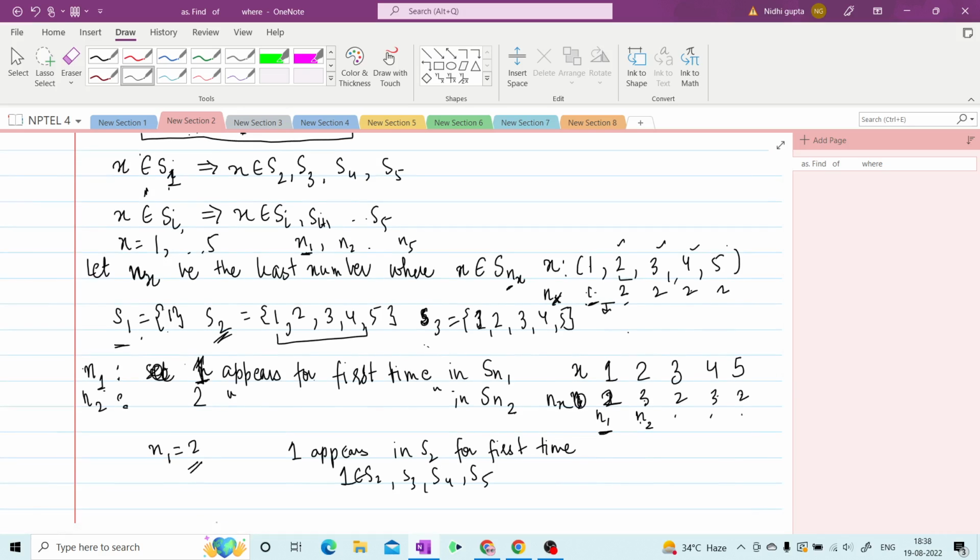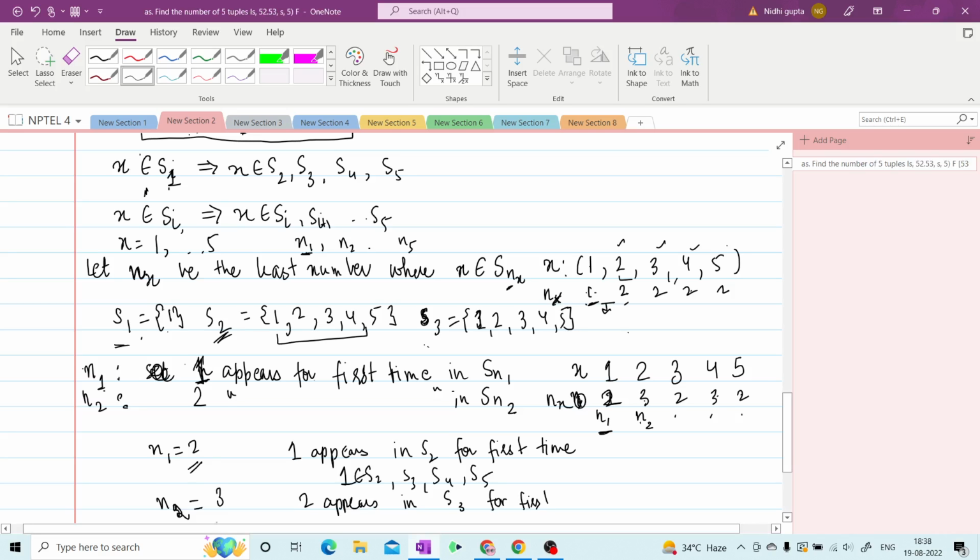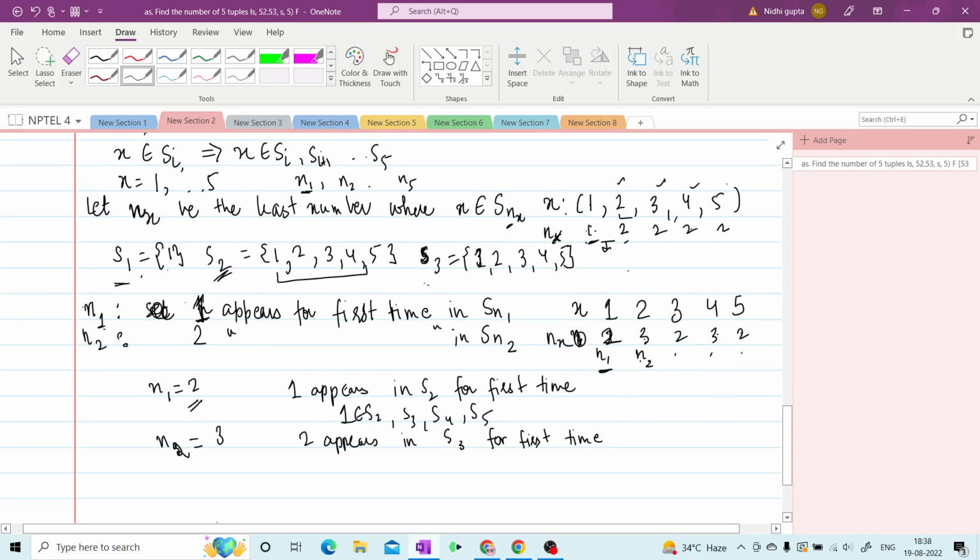And n2 is 3, so that means 2 appears in S3 for the first time. Therefore 2 is in S3, S4, and S5.